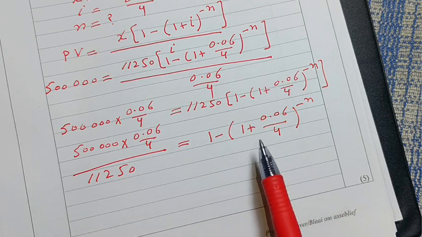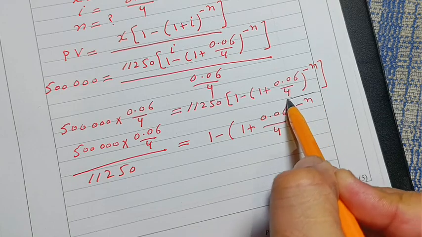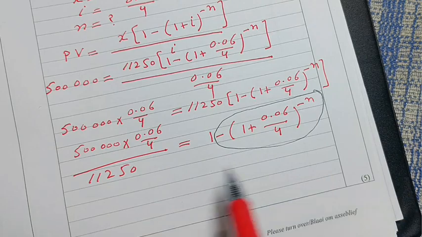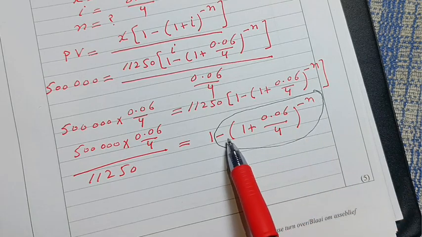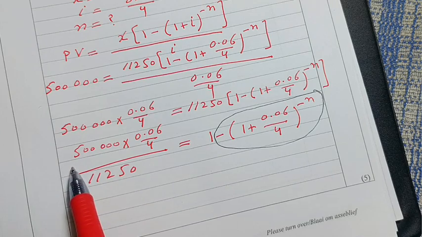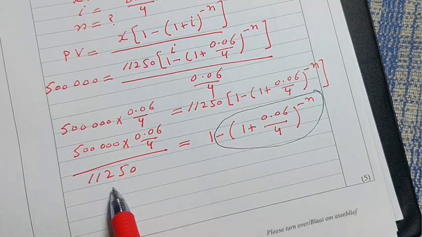Now look here: this whole amount is negative, and when I move it over to this side it becomes positive. And this whole amount is positive, and when I move it over to this side it becomes negative.